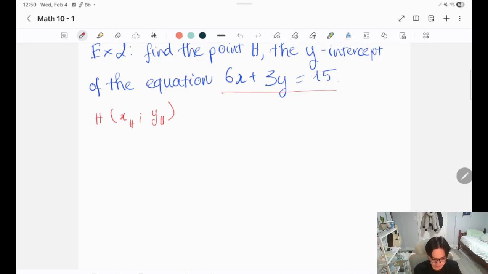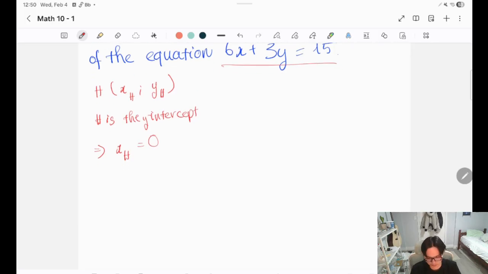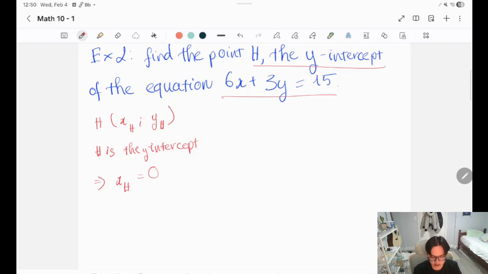Because H is the y-intercept, xh is equal to 0, because it's lying on the y-axis, and it also lies on this straight line.